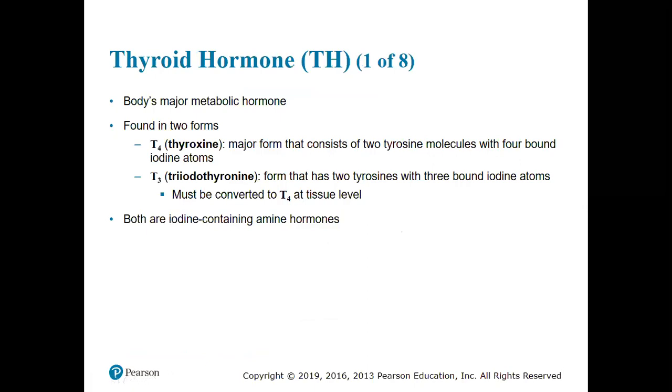Now here's what we really want to get into. The thyroid hormone, it's a player. I mean, it's pretty darn important, and it's one of the body's major metabolic hormones. Let's take it step by step here. We talk about what is metabolism. That is catabolic and anabolic reactions.